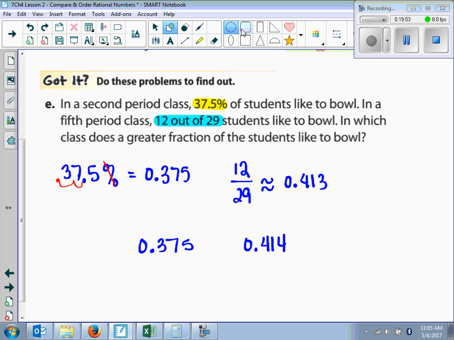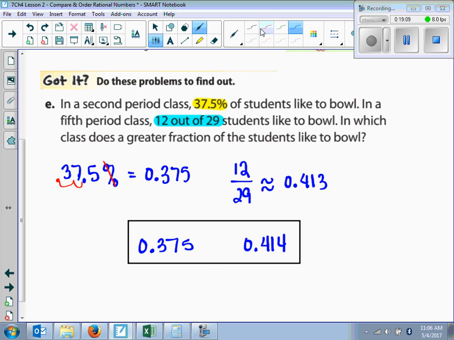So in this sentence, what symbol goes in between? That's going to be a less than. Very good. Now, I do want you to be sure that you label. So here, this 37.5%, that's your second period class, right? And this 12 out of 29 is the fifth period class.